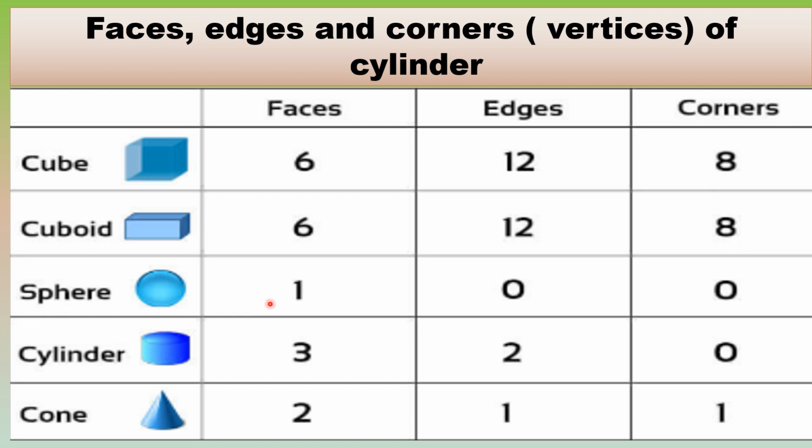Sphere. It has one face, which is curved face, 0 edge and 0 corner. Cylinder. It has 3 faces, one curved face and 2 circular flat faces. It has 2 edges, which are circular in shape, and 0 corner.